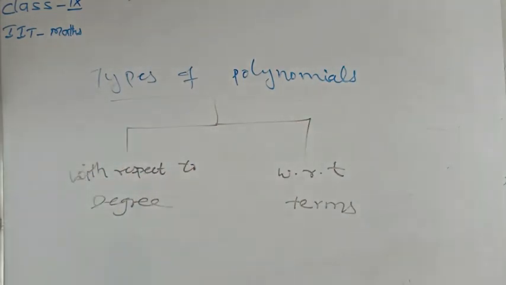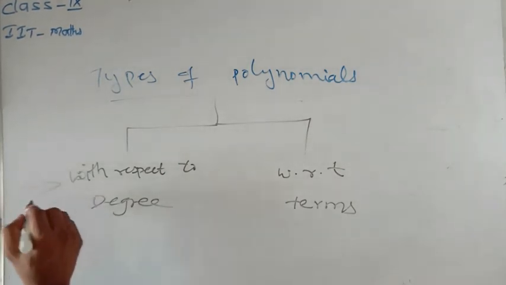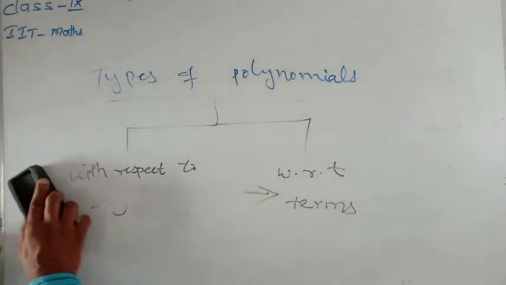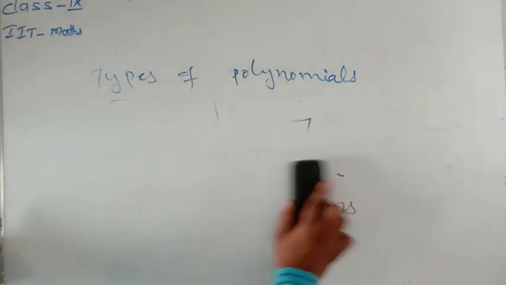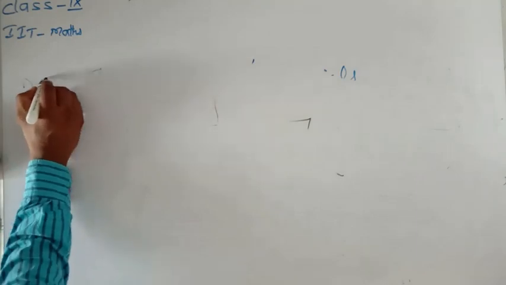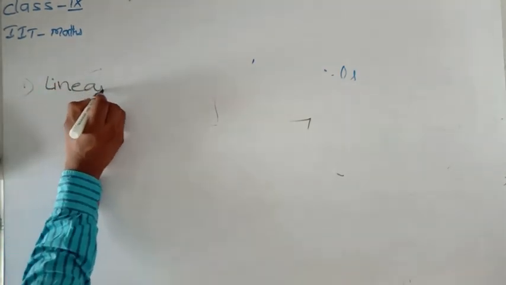The polynomials are divided into two types, that is first one is with respect to degree and the next one is with respect to terms. So let us start with respect to degree. Types of polynomials with respect to degree. So the first one is linear polynomial.